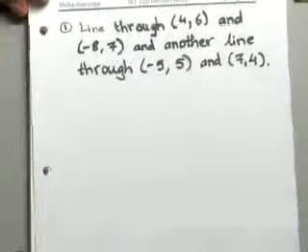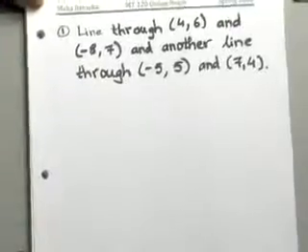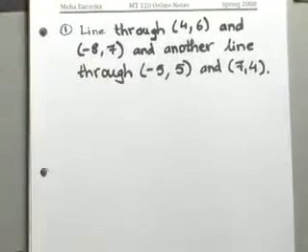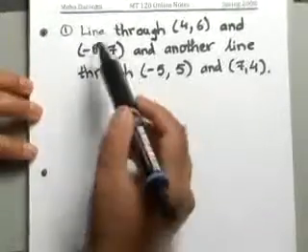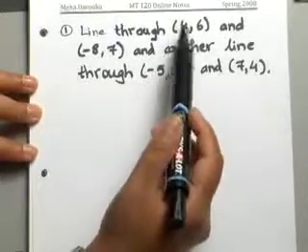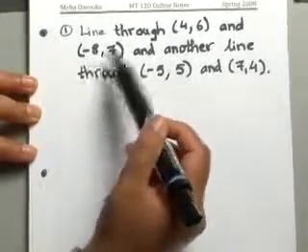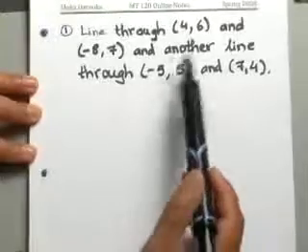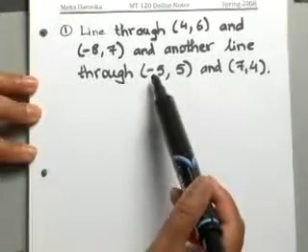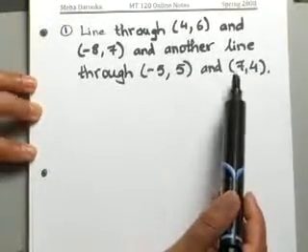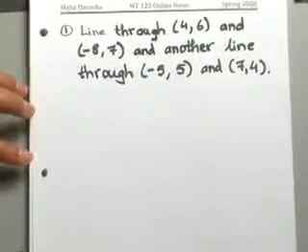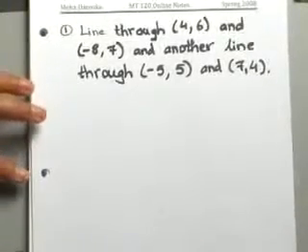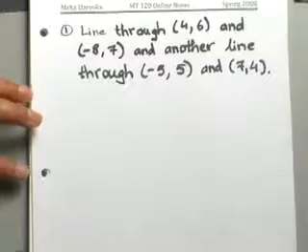Now, let's look at an example and try to determine if the two lines are parallel, perpendicular, or neither of those. So our example here is we have one line that passes through the points (4, 6) and (-8, 7), and we have another line that passes through the points (-5, 5) and (7, 4). So the first thing we have to do here is find the slope of each of the two lines.